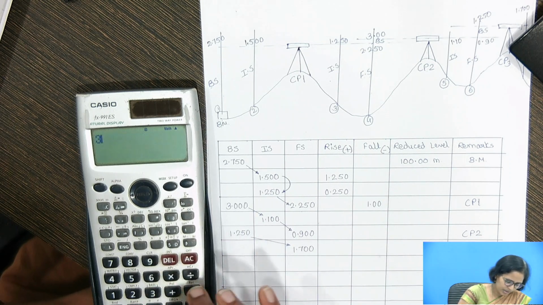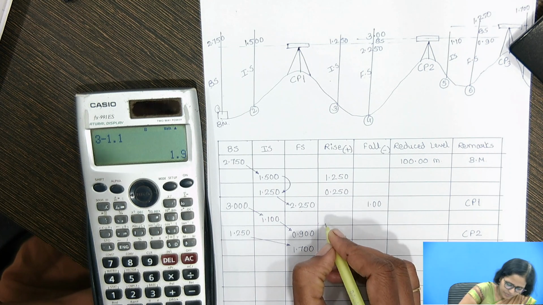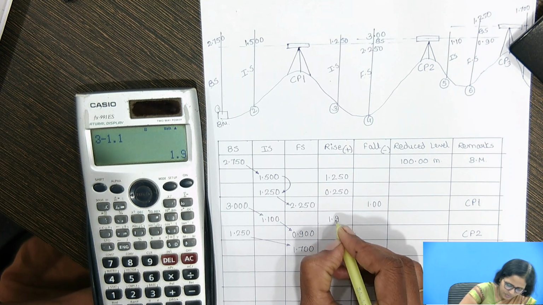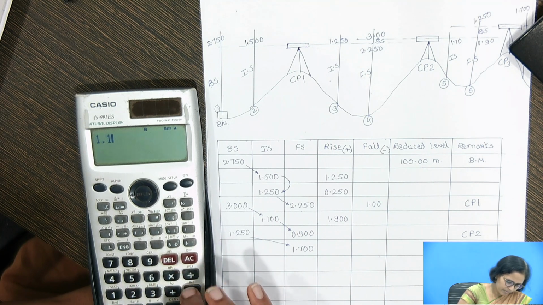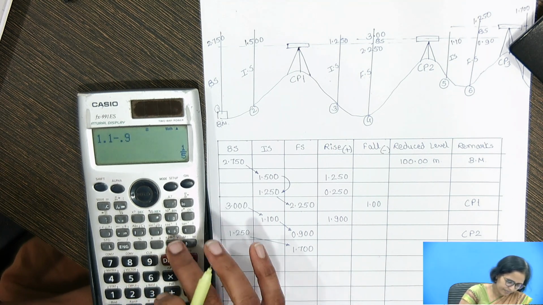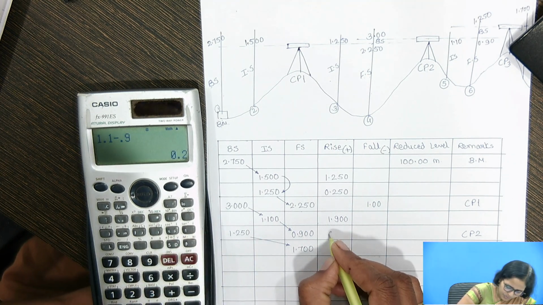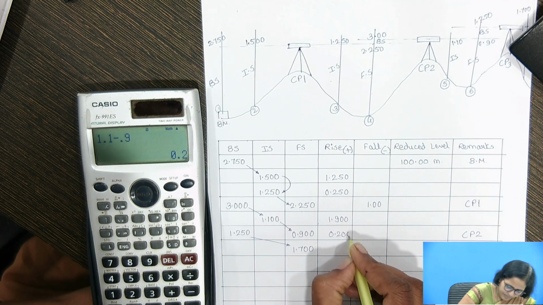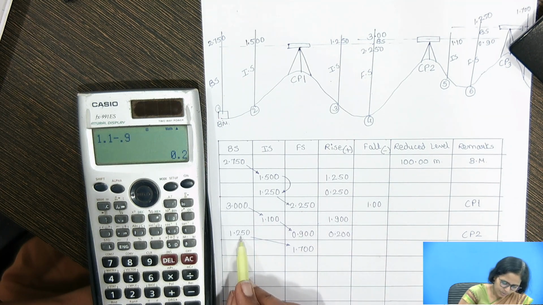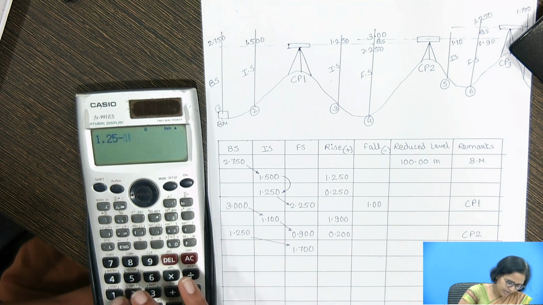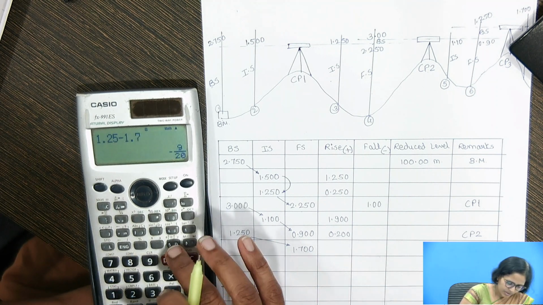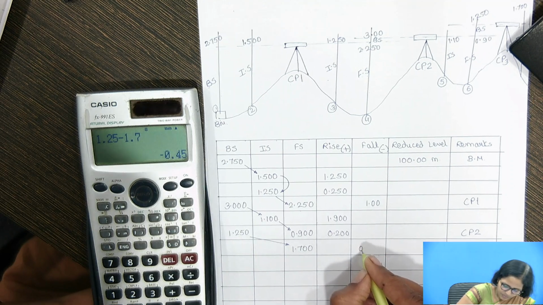So next 3 minus 1.1. It is 1.90. It's positive again. So next 1.1 minus 0.9, it's 0.2, again a positive value. Next 1.250 minus 1.7, so it is minus 0.45.